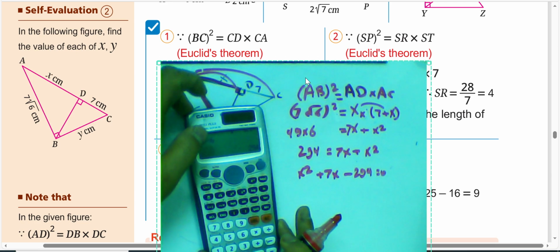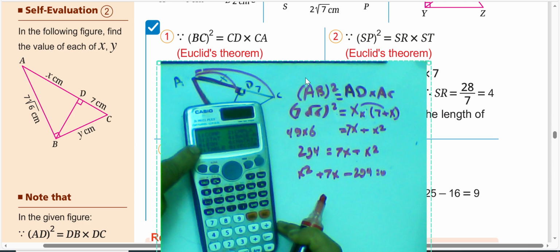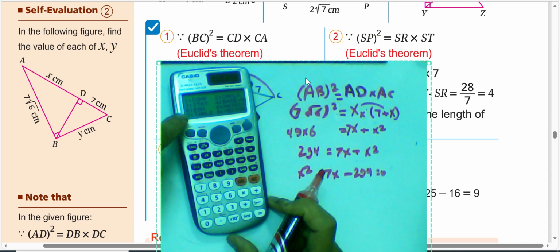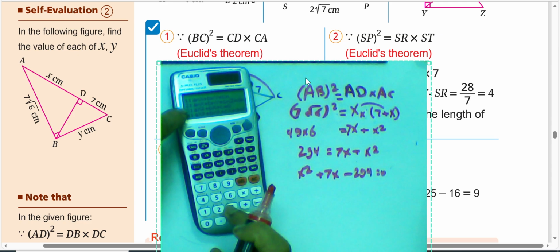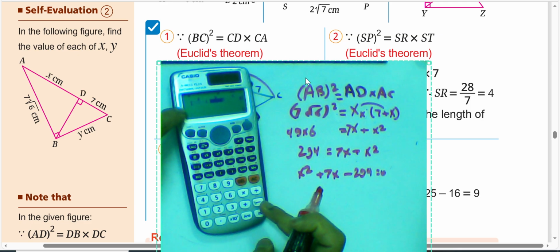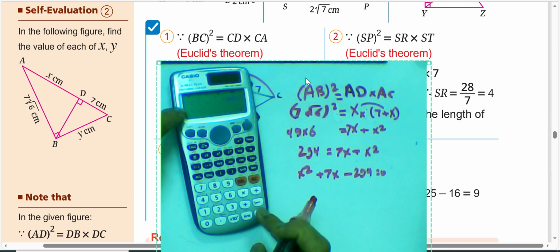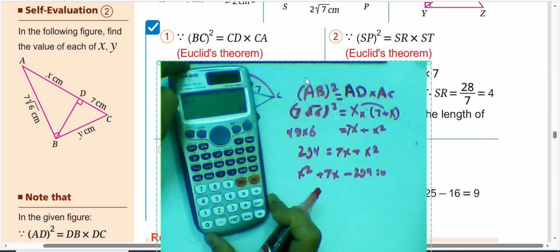You can solve this equation by calculator. Open the calculator and choose the equation mode here. Choose number 5 and then number 3. Then the coefficient of X power 2 is 1, equal, and then 7, equal, and negative 294, equal. In the solution, X will be 14.